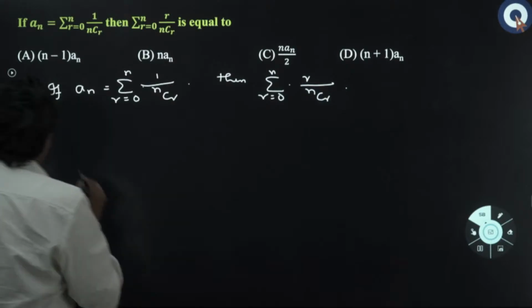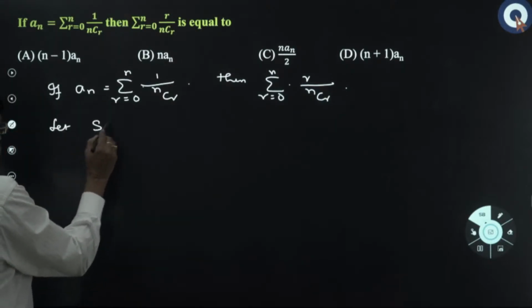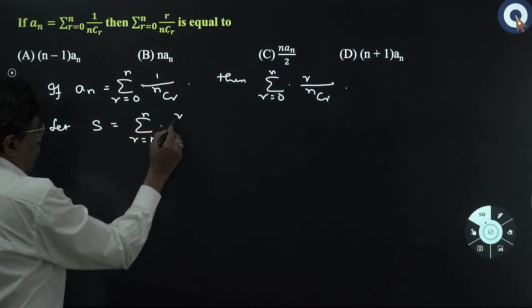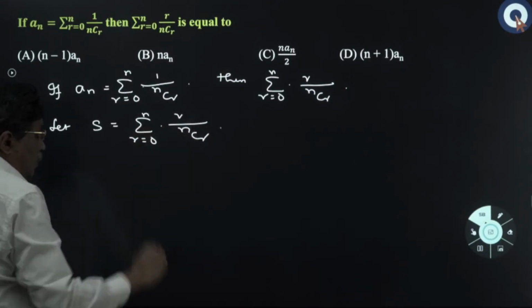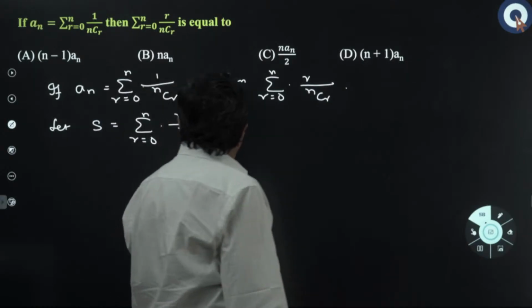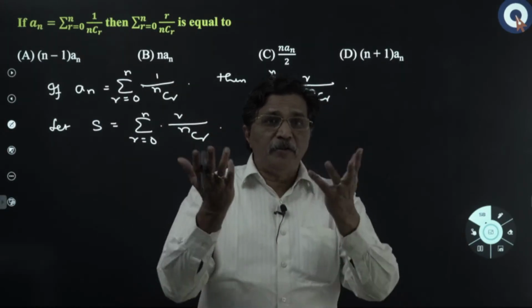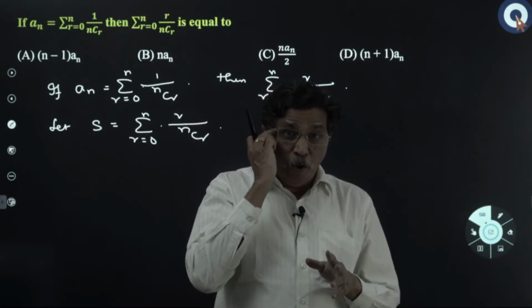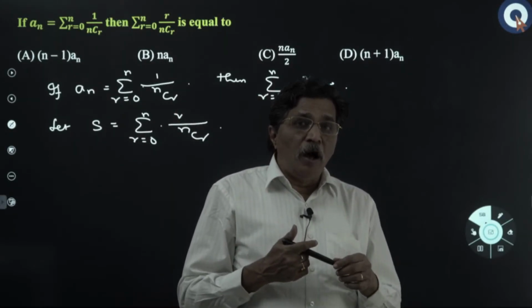So let S = sigma r = 0 to n of r/nCr. Now notice this, if I replace r with n - r, the summation won't change. The same summation comes in the reverse order. So you can as well replace r with n - r.